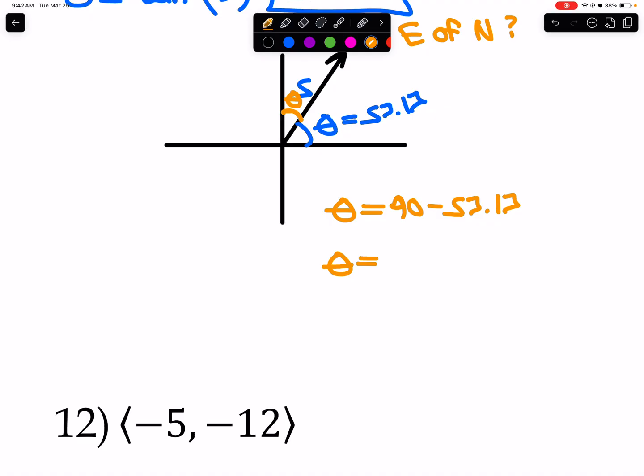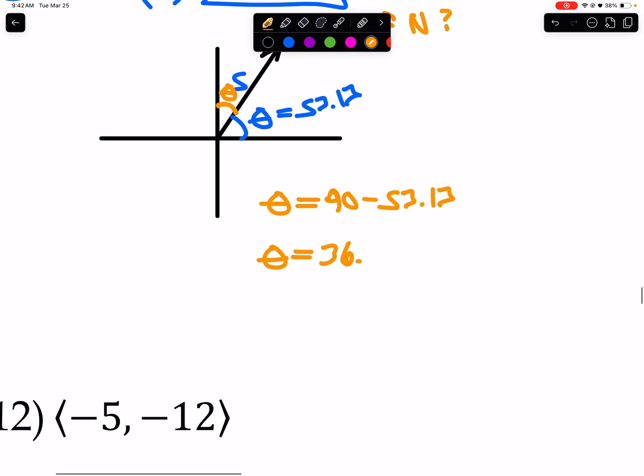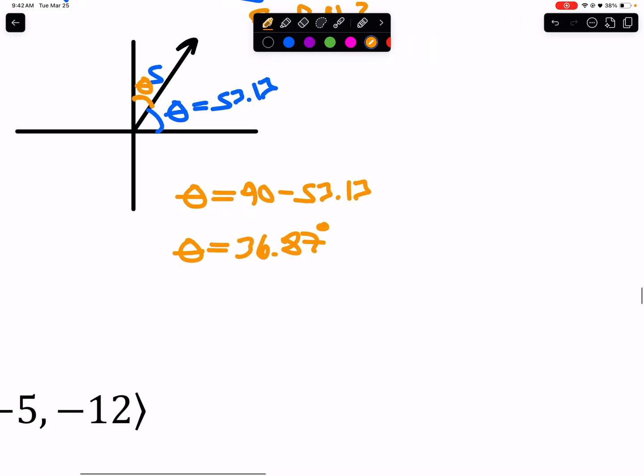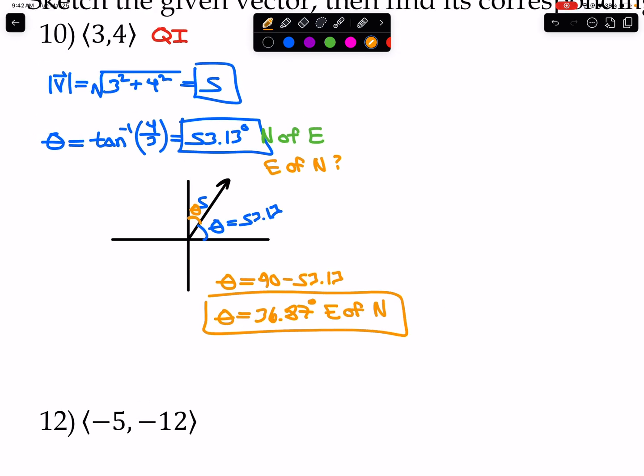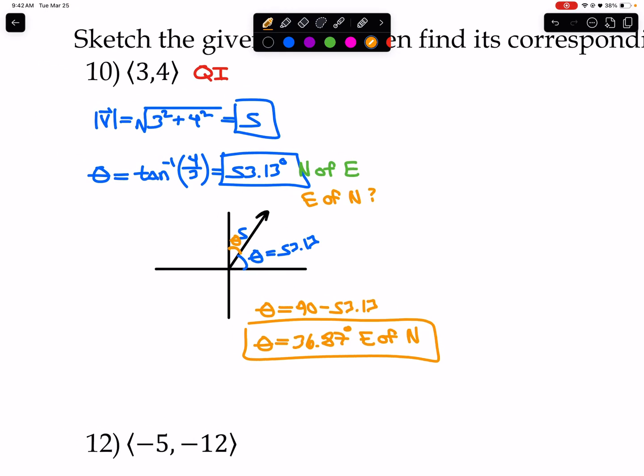So 90 minus 53.13, and that would be 36.87 after you round. And then that would be east of north. So you've also got to pay attention to the type of angle that we want, whether we want it like north of east or east of north, or if there's a certain context.